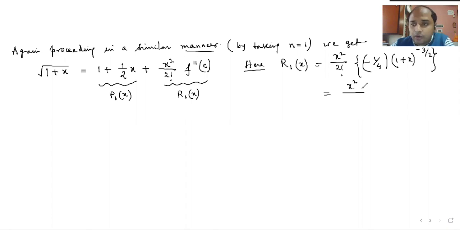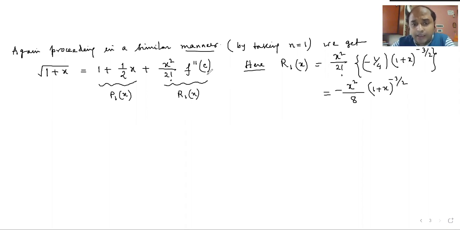You can keep it in this manner, or you can write it as x square by 8 minus x square by 8 1 plus x to the power minus 3 by 2. You can write it in this manner also.